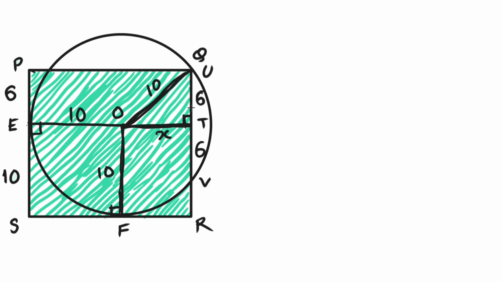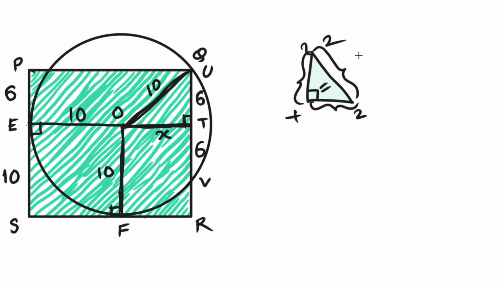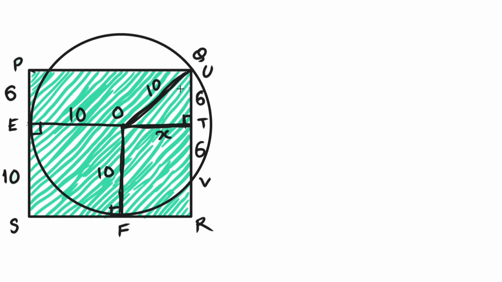Now we can use the Pythagorean theorem. The Pythagorean theorem says that in a right triangle, the square of one leg plus the square of the other leg equals the square of the hypotenuse. So in this triangle, we have x squared plus 6 squared equals 10 squared.